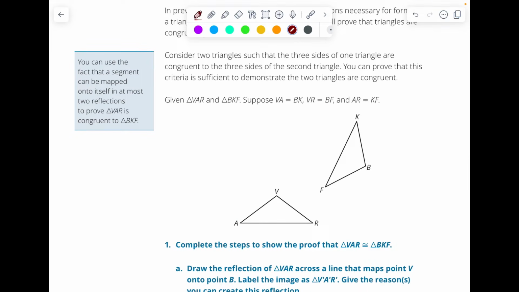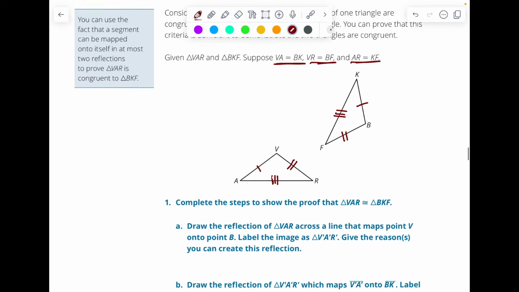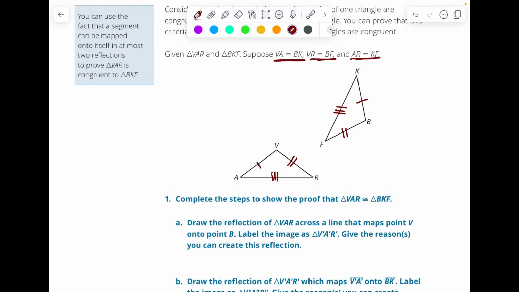We see that VA equals BK, and VR equals BF, and AR equals KF. All right, so complete the steps to show the proof that these two triangles are congruent.